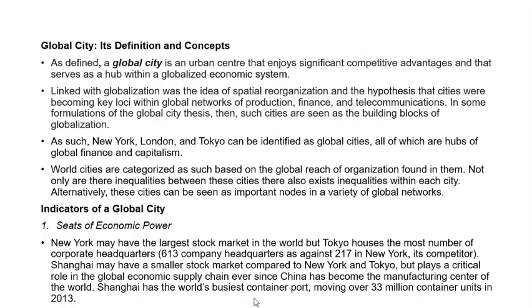Shanghai as the world's busiest container port, moving over 33 million container units in 2013. So, Shanghai, ang nangunguna. So, hindi yan lumpiang Shanghai. Okay. Hindi, pero ito, Shanghai, it is said to be the center or central coast ng China. Yung Shanghai. So, ngayon, ang sinasabi dito sa manufacturing, center of the world, alright, yung China daw has become the manufacturing center of the world.